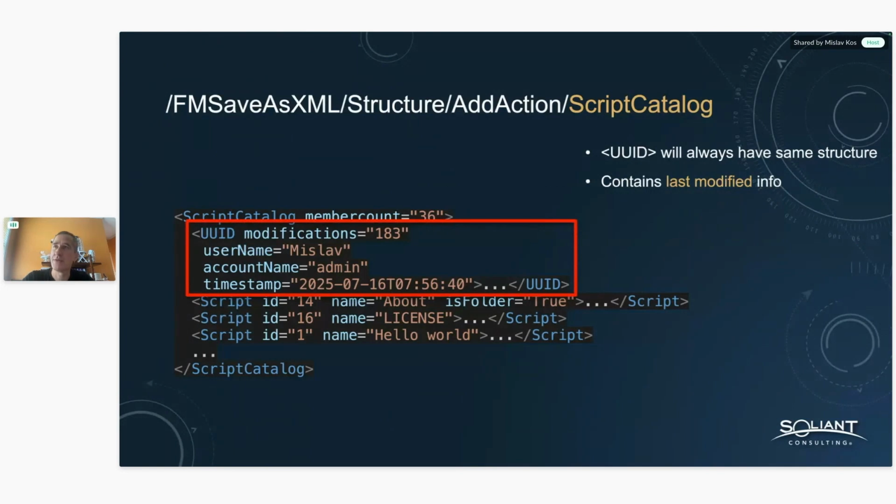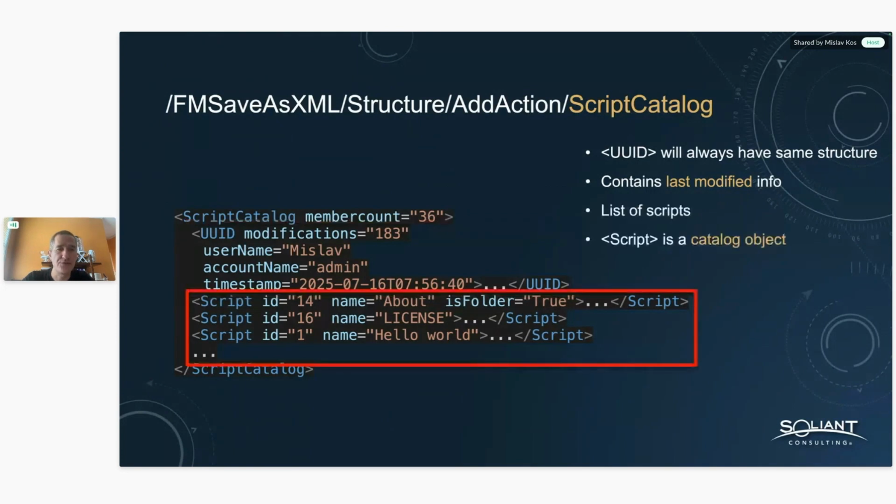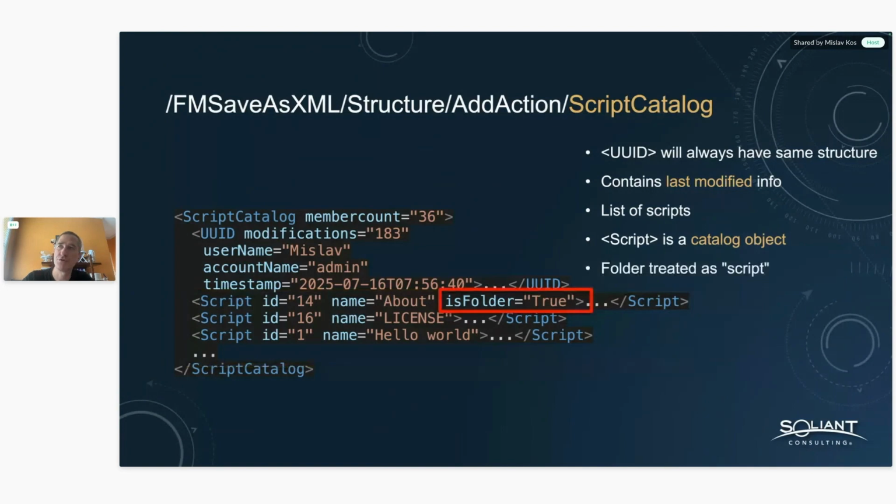In addition to that, it also lists out all the different scripts that are part of that catalog. And we can refer to these things as catalog objects. So the child elements of a catalog, those are catalog objects. And interestingly, we can see that script folders are treated simply as scripts inside of the XML.